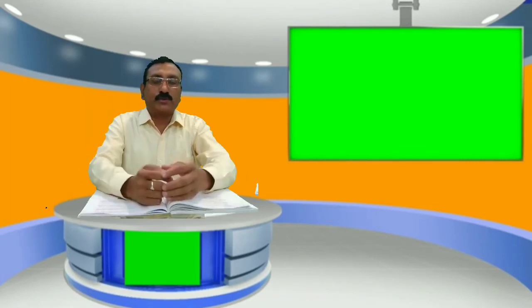So students, let me clarify one important thing to you. The title of this writing skill is group discussion, okay? But you are not going to discuss the given topic orally, because it is a writing skill, and this writing skill will be asked in the activity sheet in question number 4.